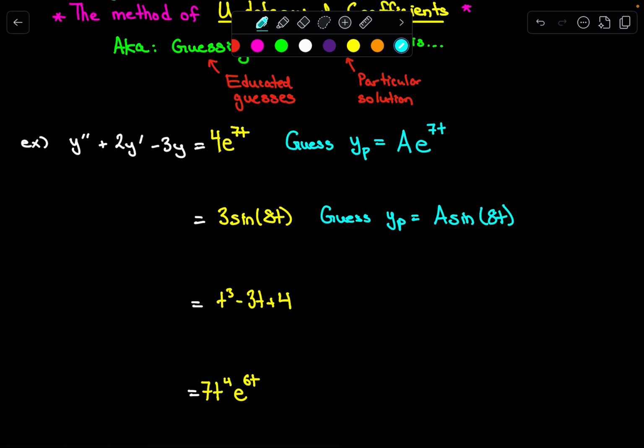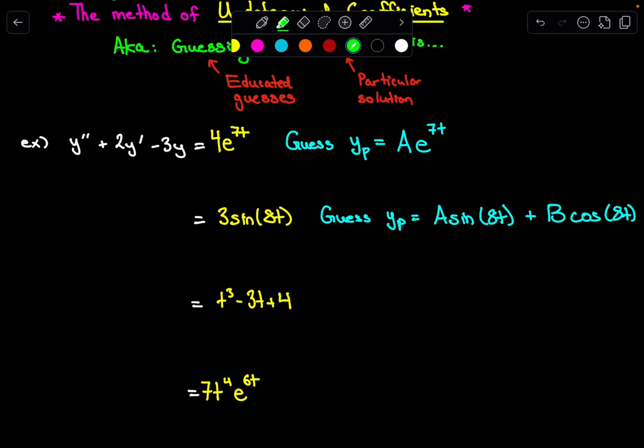But the problem is that the derivative of sine is cosine, and there's nothing that's going to magically get rid of that cosine for us and leave us with 3 sine of 8t. So for anything involving a trig function like this, we guess that there's also some b cosine of 8t that is part of this solution.